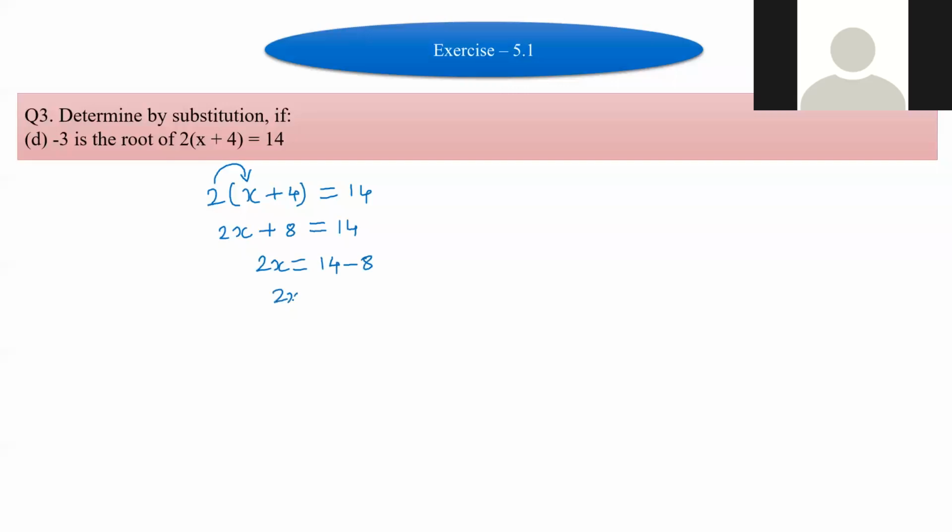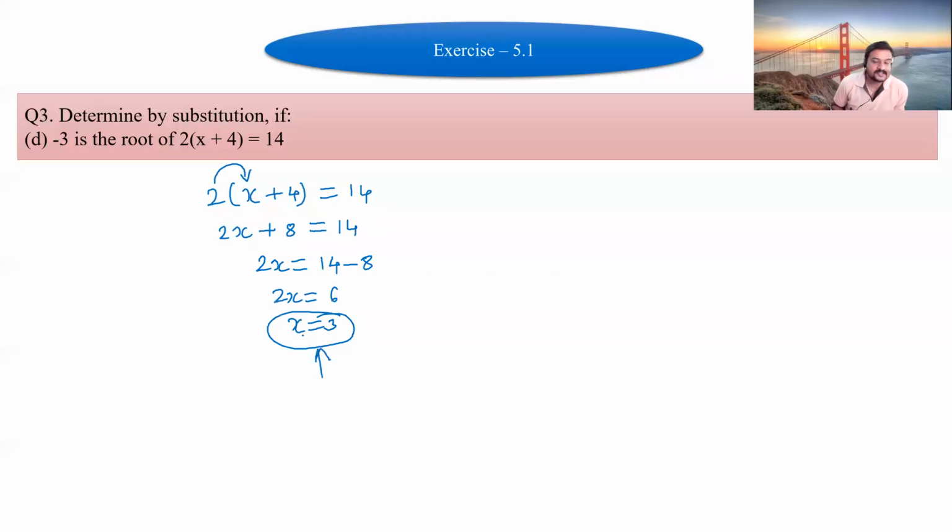It is 2x equals 6. x equals 6 divided by 2, x is equal to 3. So x is equal to plus 3 is the root. x is equal to minus 3 is not the root. So therefore we can write x is equal to minus 3 is not the root of 2 in bracket x plus 4 is equal to 14.